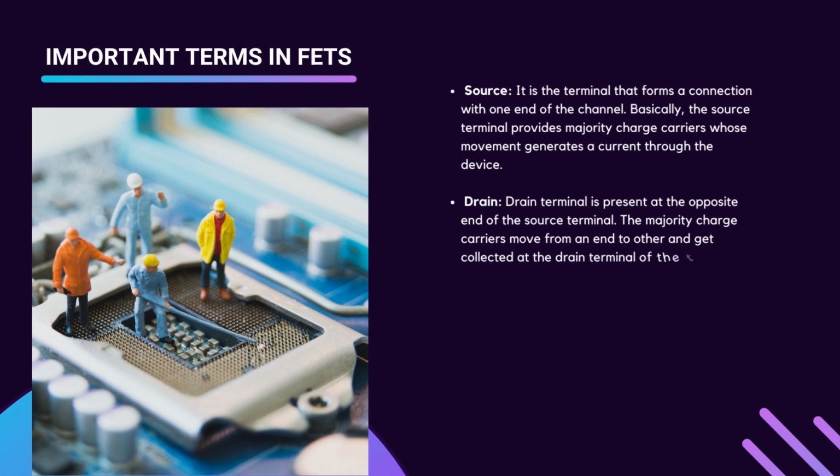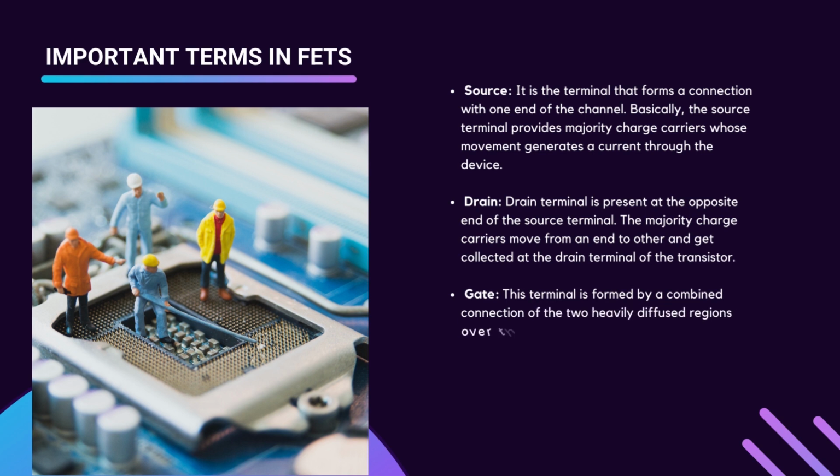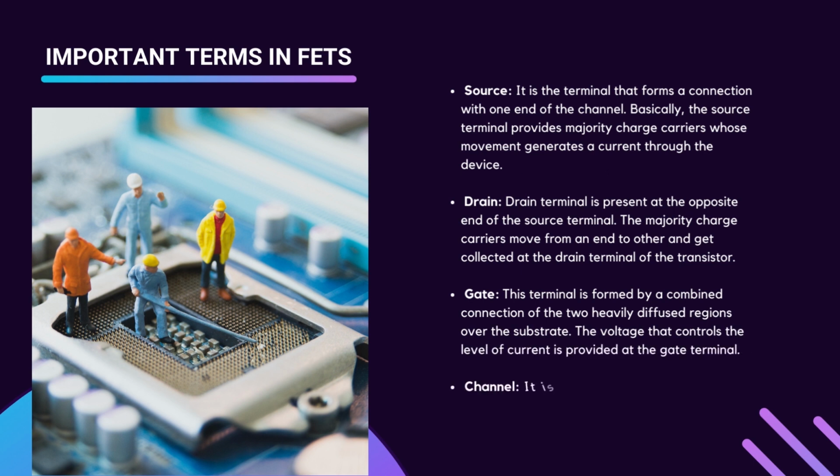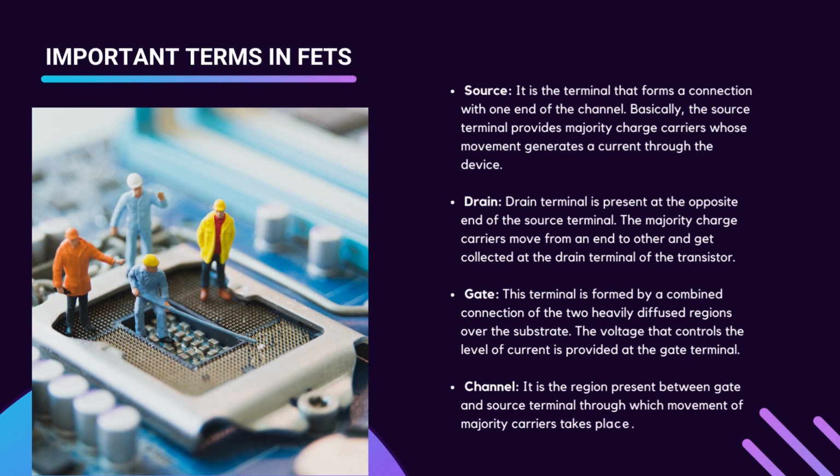The drain terminal is present at the opposite end of the source terminal. The majority carriers move from one end to the other, and they are all collected at the drain terminal of the transistor. So the electrons start to move from the source terminal and via the channel they come to the drain terminal. Hence the source forms one end of the channel and the drain forms the other end of the channel.